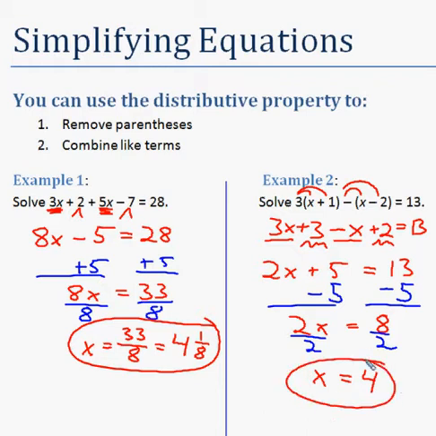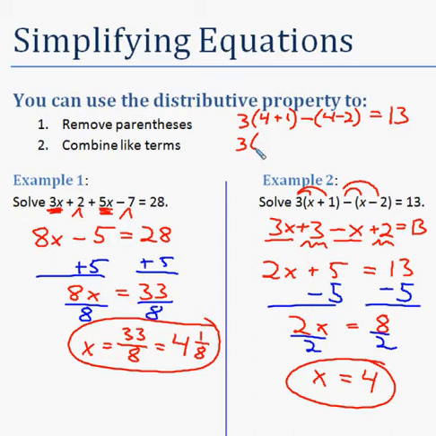Now remember, you can always go back and check these. So let's see if we can fit a check in here up above this example 2. We're going to have 3, and we found that x is equal to 4, so I'm going to put 4 in for x. So 4 plus 1 minus, open parentheses, 4 minus 2, and that should be equal to 13. So let's do our order of operations.